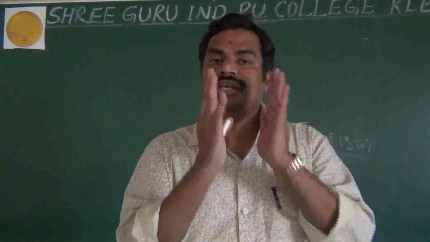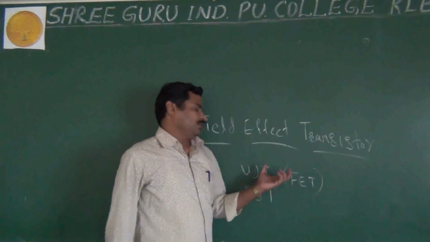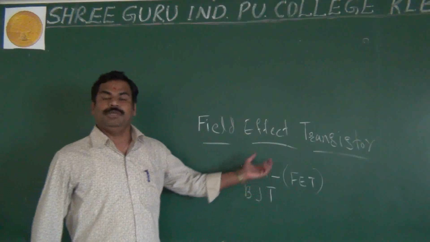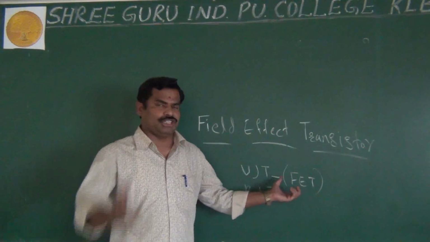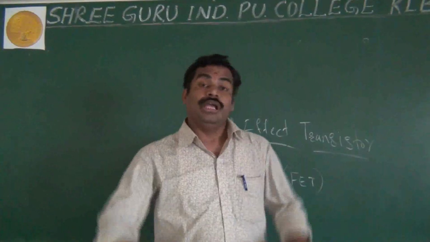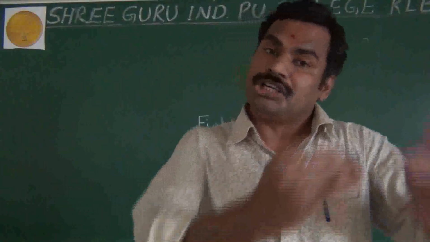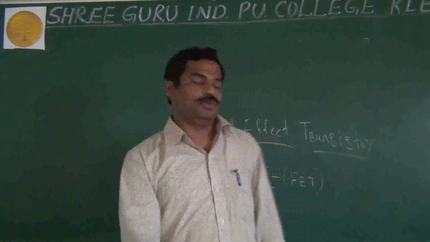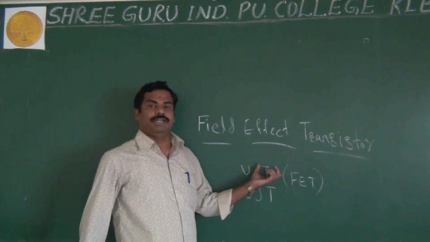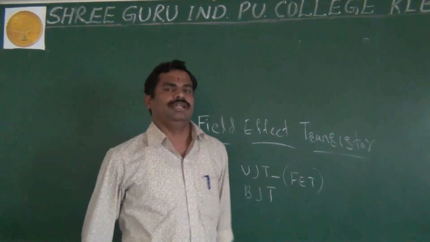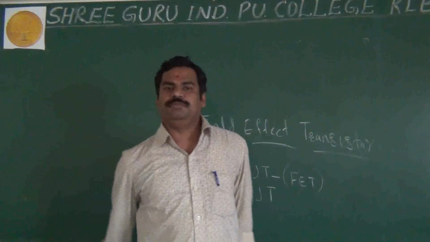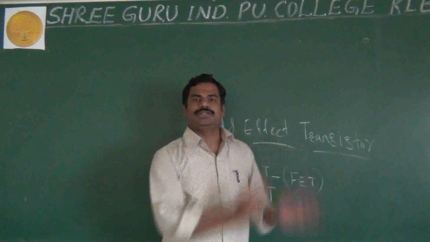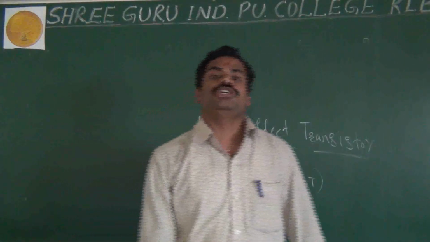It means if you use the transistor, you have more noise, but if you use your FET, you have very little noise. I said it is not possible to eliminate the noise totally, but we can reduce that, and that is possible in your FET. And also, the BJT is most importantly used for amplification and switching purposes.